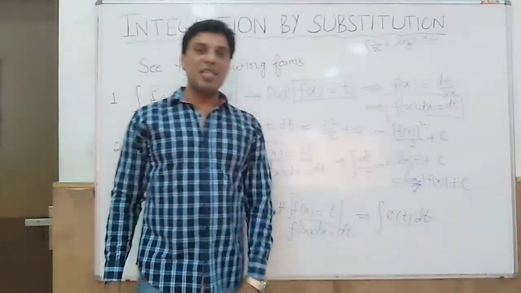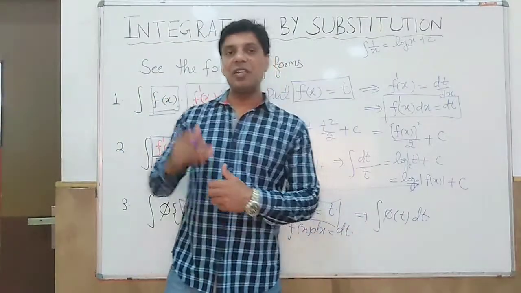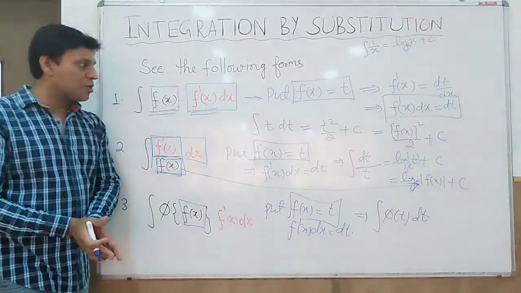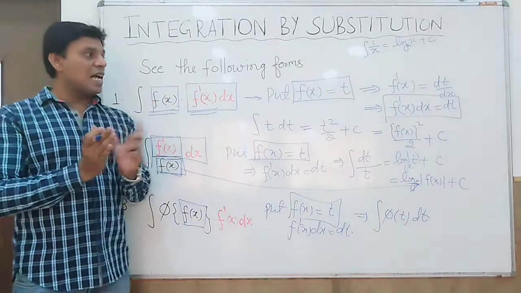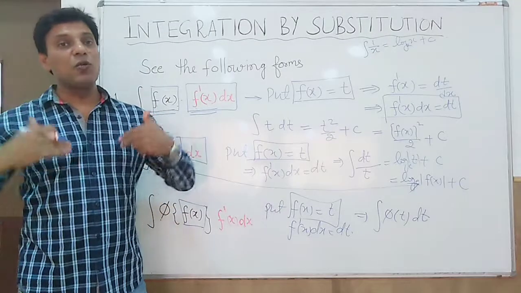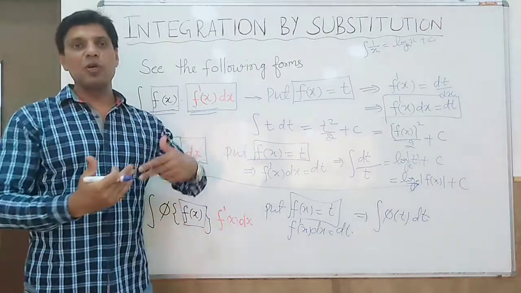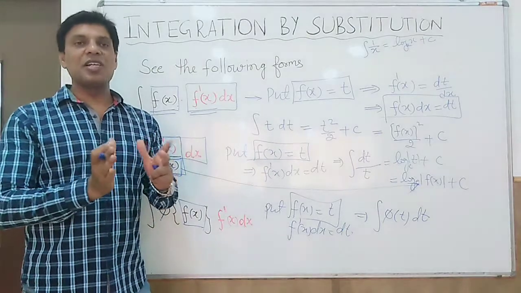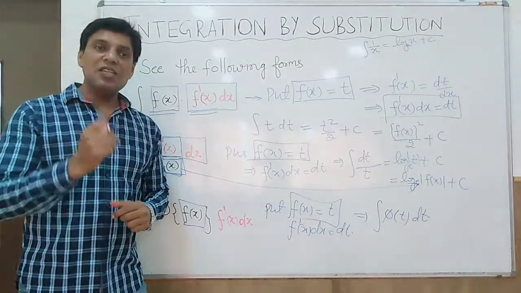Now you will perform this integration according to the function phi. So I think you might have observed that in this type of question it is very necessary to identify which function we have to put equal to t, so that your integration can be simplified and solved.